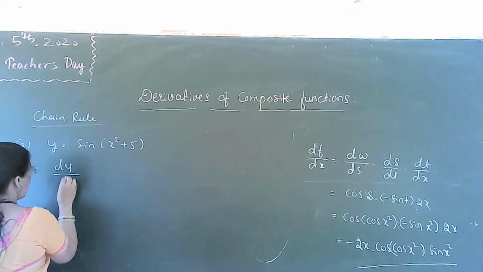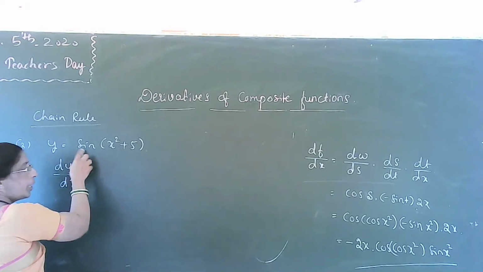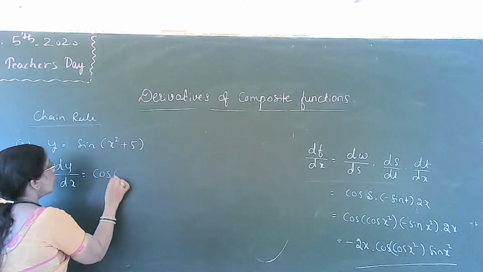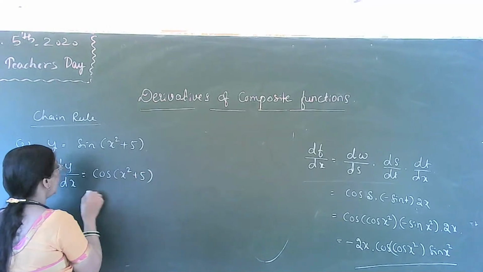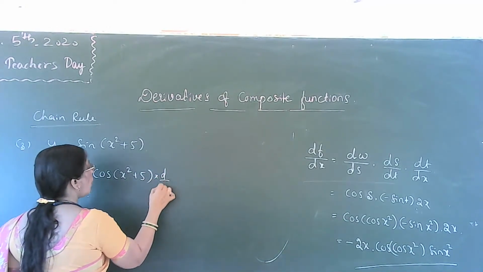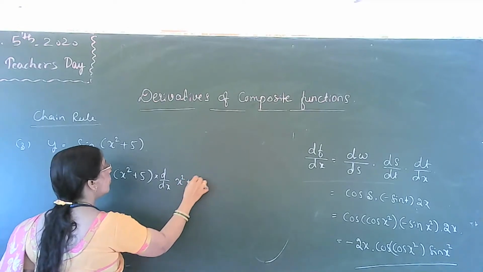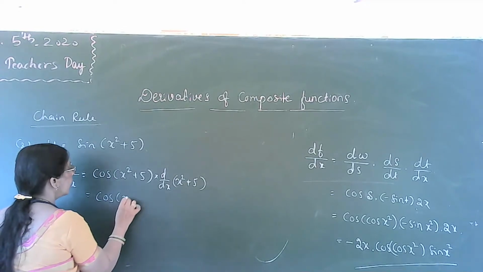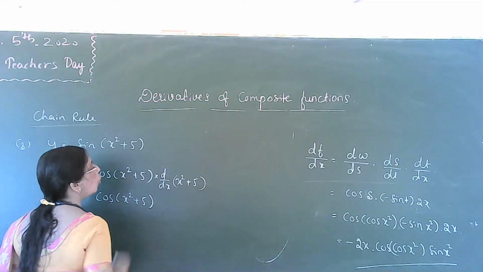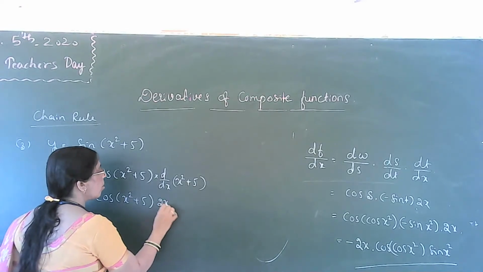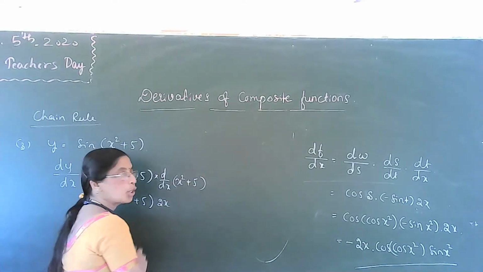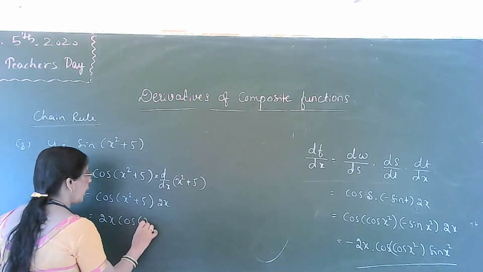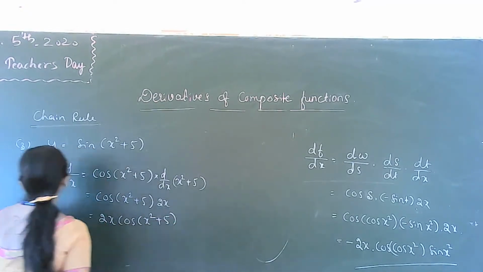It's the easiest method also. dy by dx is equal to, now find the derivative of sin of x square plus 5, which is cos of x square plus 5, and d by dx of x square plus 5. Here cos of x square plus 5, write again, and the derivative of x square is 2x, but the derivative of a constant is 0. Therefore it's 2x into cos of x square plus 5.